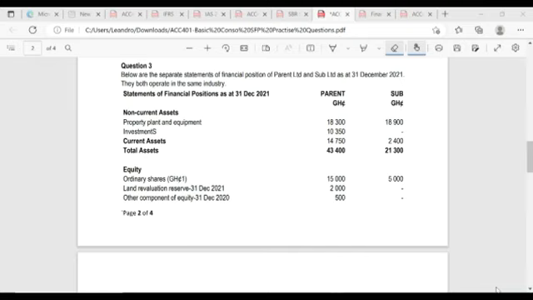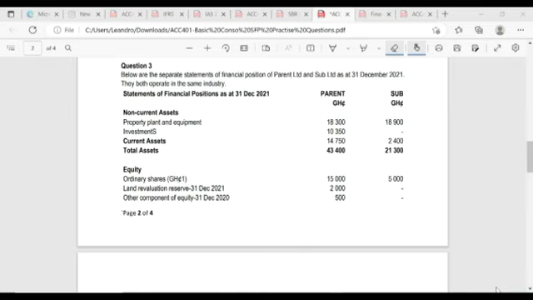So here we have PPE, investment, current assets. Under the equity, we have ordinary shares, land revaluation reserve, other components of equity. If you have other OCI items, you recognize them in other components of equity.